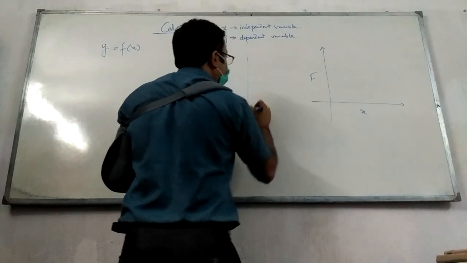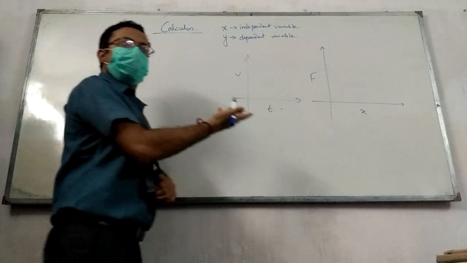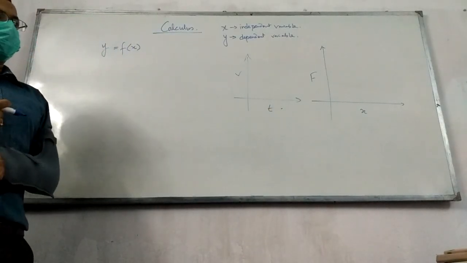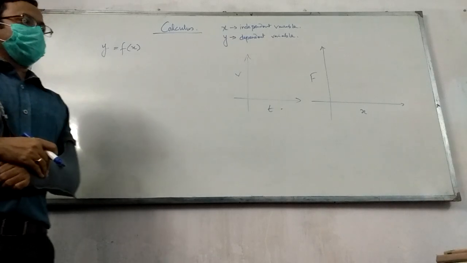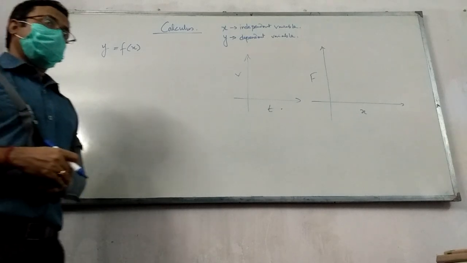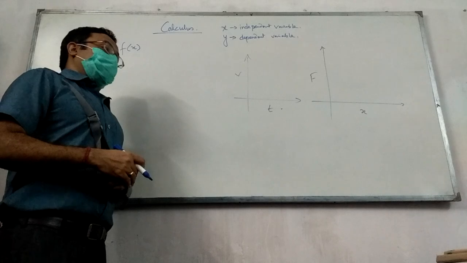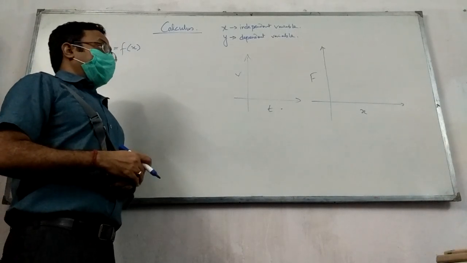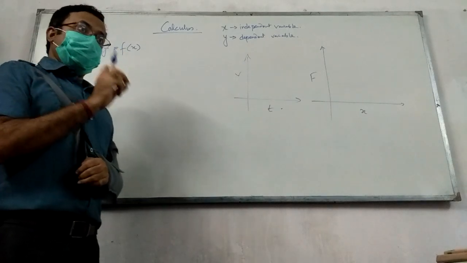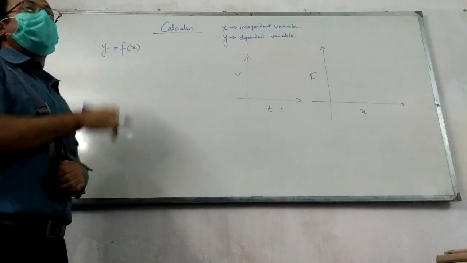If I take a velocity versus time graph, then time is independent, velocity is dependent. But in a force displacement graph, unless we put force on that object, it will not displace. Then how can the displacement become independent? Right. This is a very good question. But what happens when the displacement takes place, we can measure the displacement easily, and with that, if the force is dependent, we put it on the y-axis.